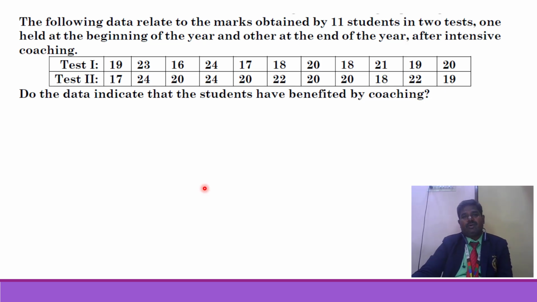So we look at the problem. The following data relate to the marks obtained by 11 students in two tests, one held at the beginning of the year and the other at the end of the year after intensive coaching.